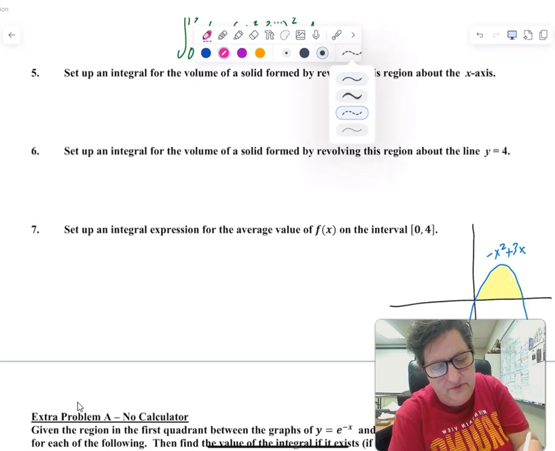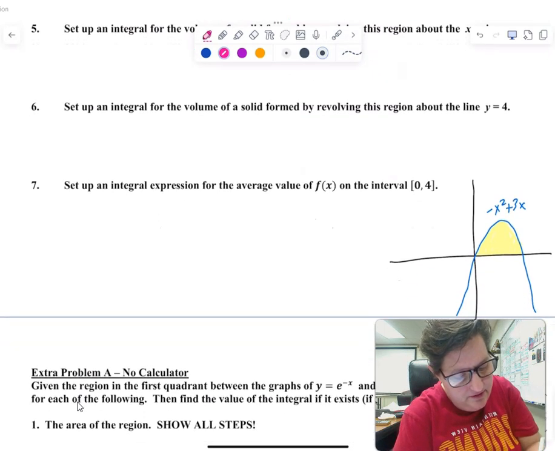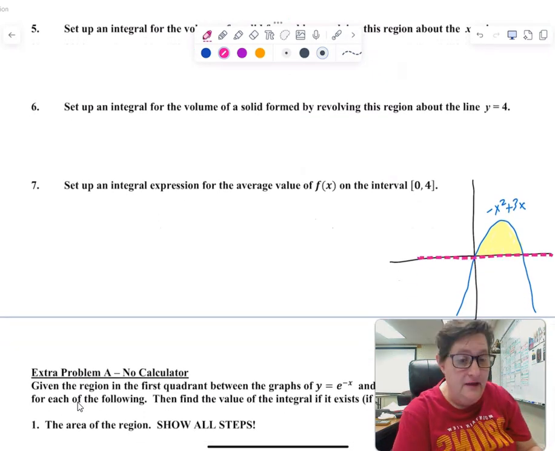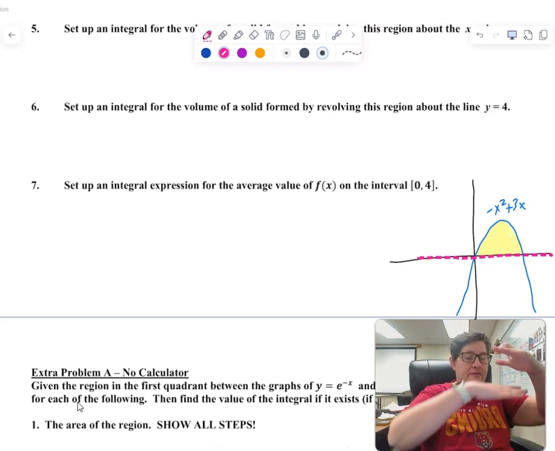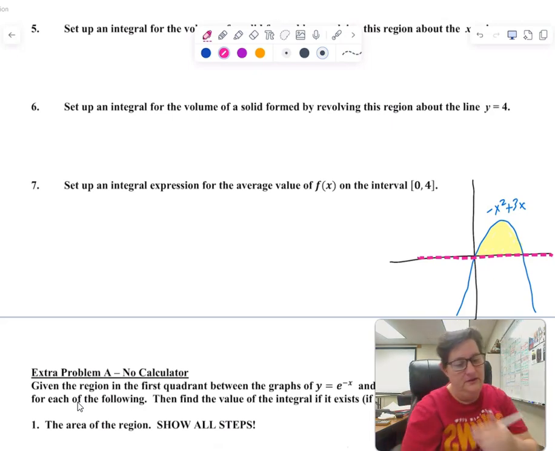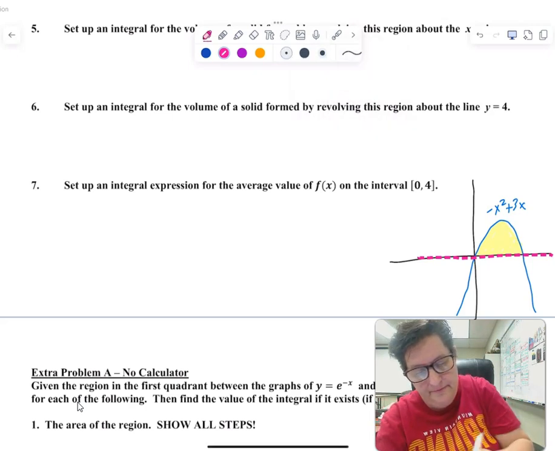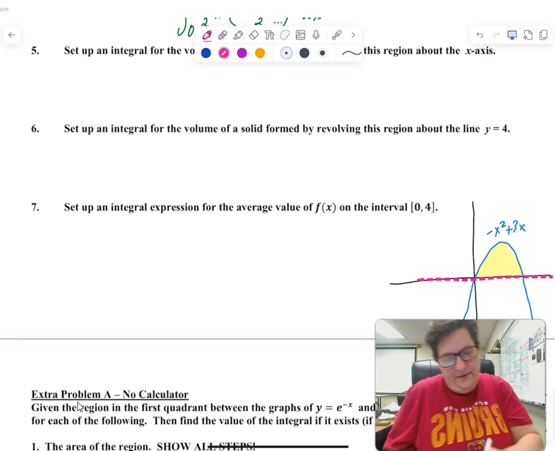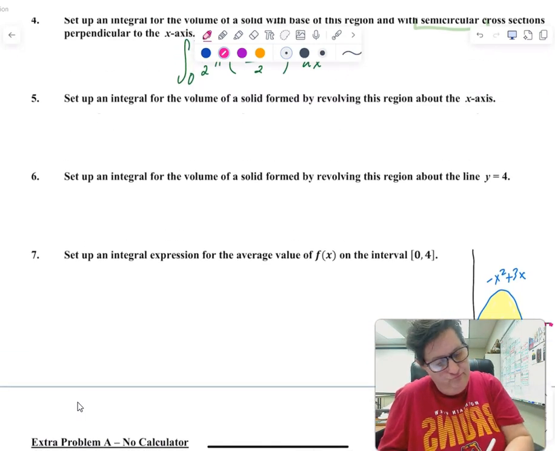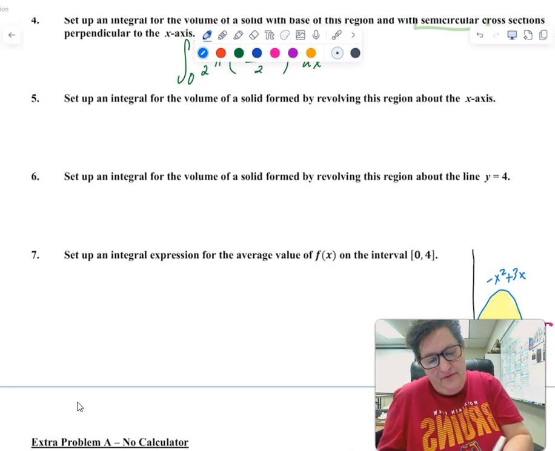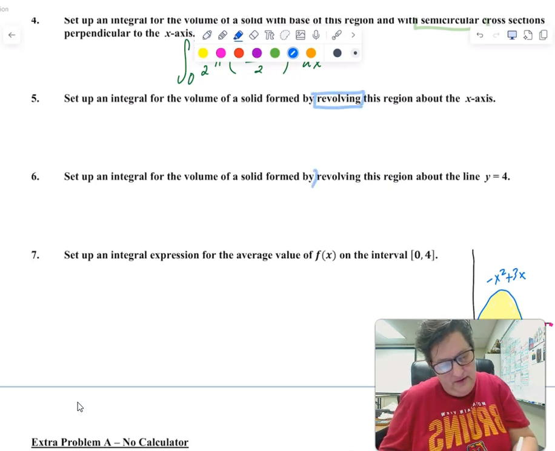When I revolve this around the x-axis, you guys, this is a disk, because the boundary line of the region goes right up to the thing I'm revolving it around. Remember with revolution, the word that I'm looking for is when it says by revolving.